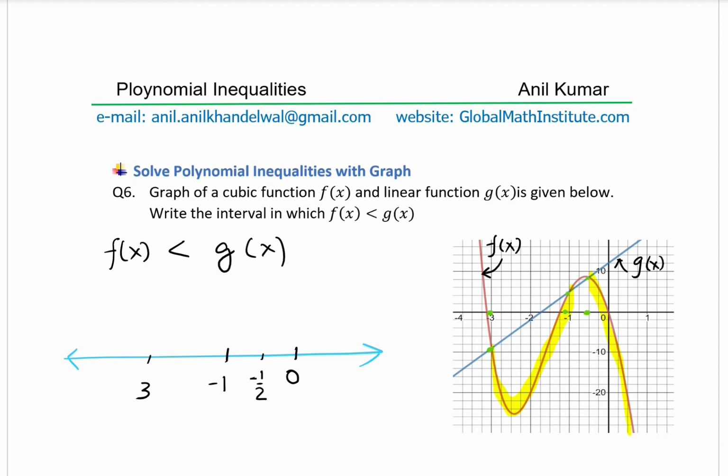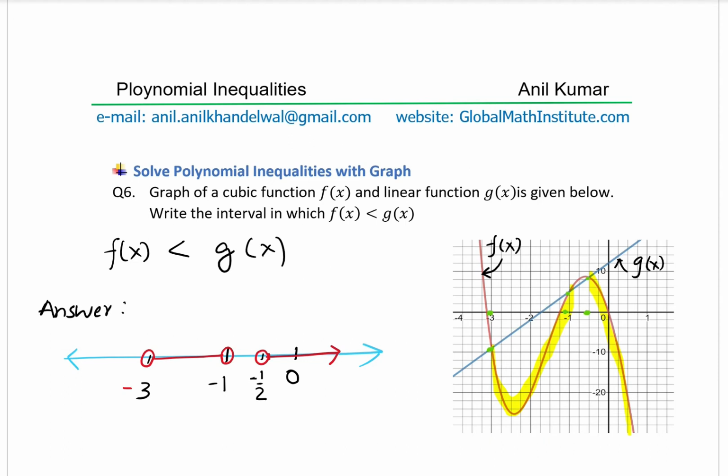So f of x is less than g of x when it is in between minus 3 and minus 1, or it is after minus half, and the points of intersection are not included. Does it make sense to you? That is how we are going to write our answer. So this is our answer.